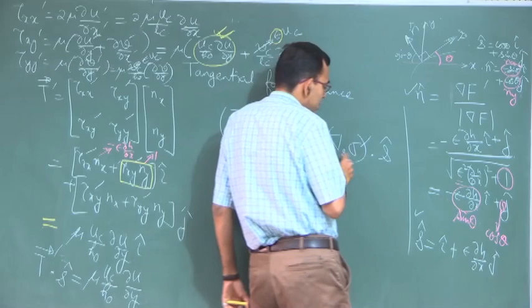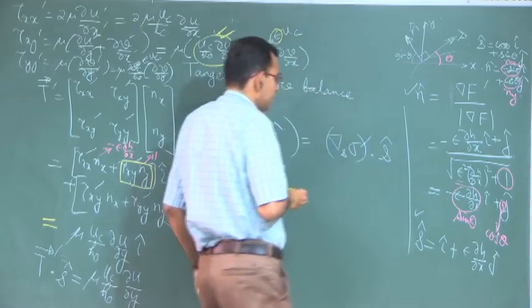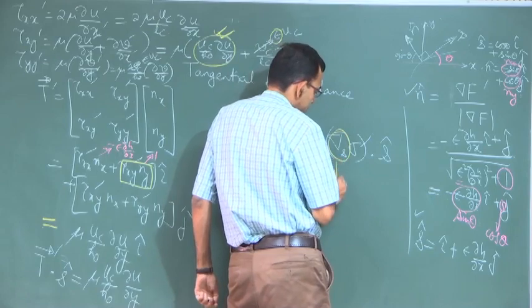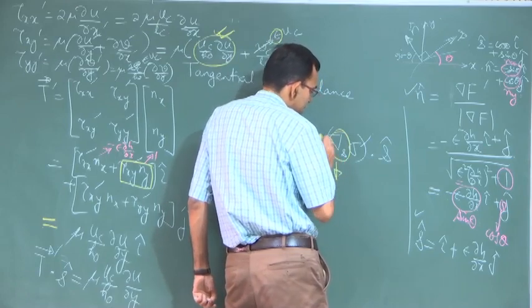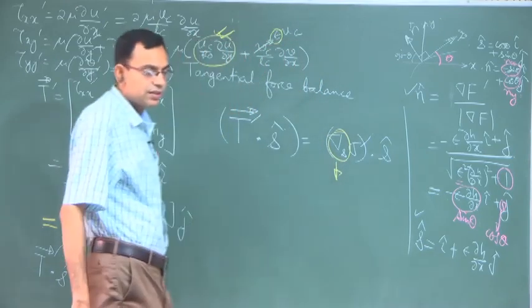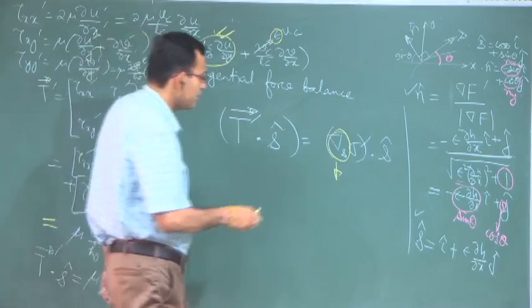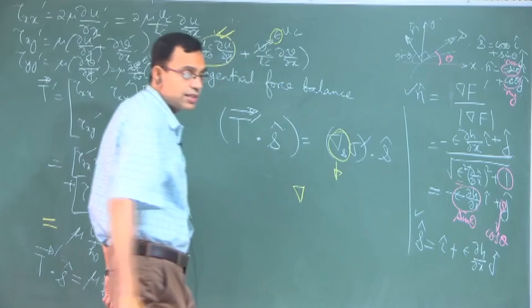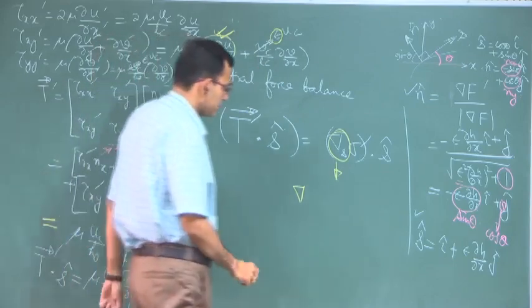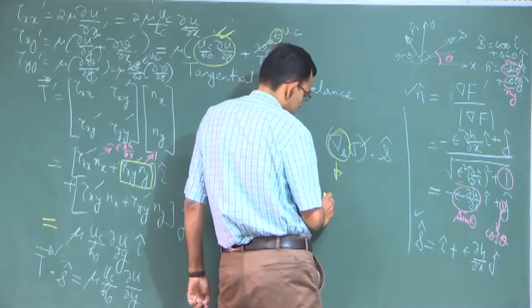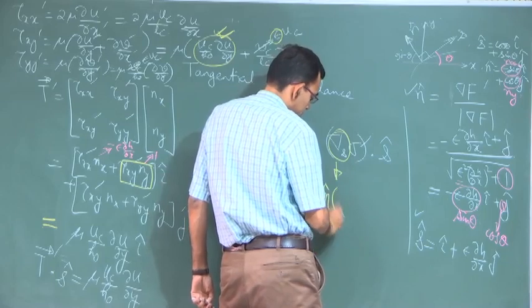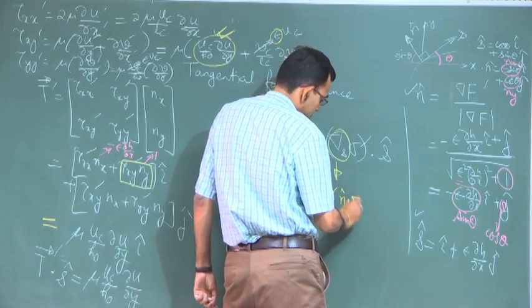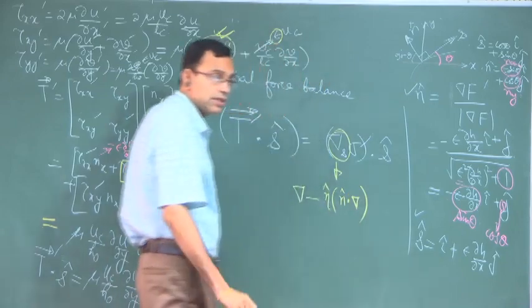Next we will calculate the right hand side. So, this surface gradient operator grad S. What is that? So, this one, right.